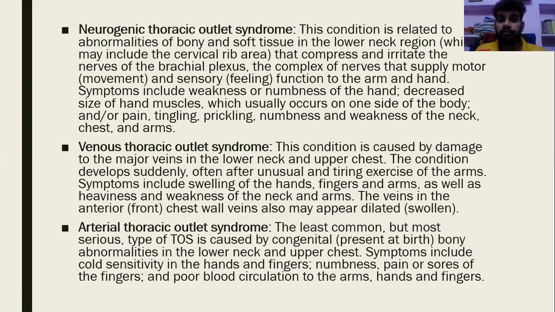Symptoms include weakness or numbness of the hand and decreased size of hand muscles, which usually occurs on one side of the body. Other symptoms are pain, tickling, prickling, numbness, and weakness of the neck, chest, and arms due to compression of the brachial plexus.